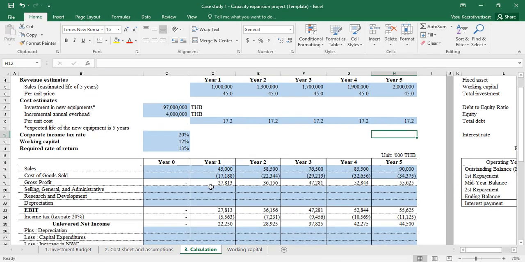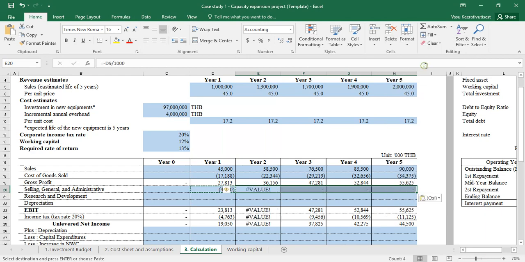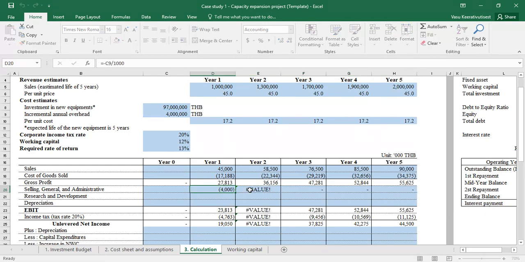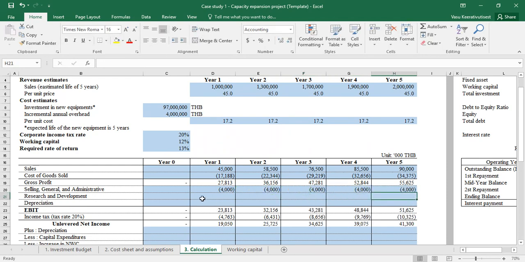Here is your selling and administrative. It is equal to this one minus this one divided by 1,000. Copy and paste the function. Oh, sorry, just equal to this one. There's no research and development here.